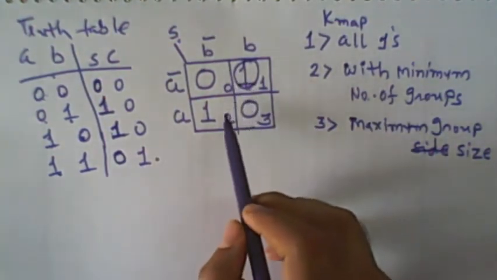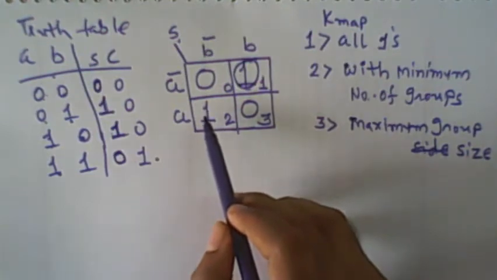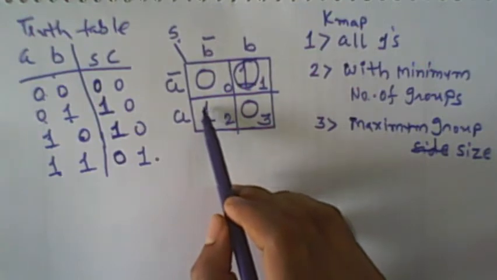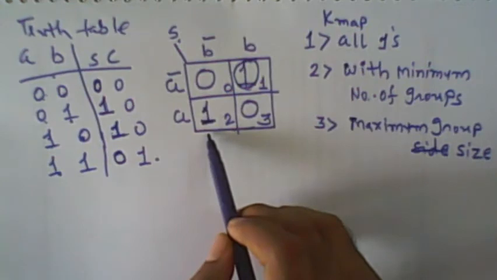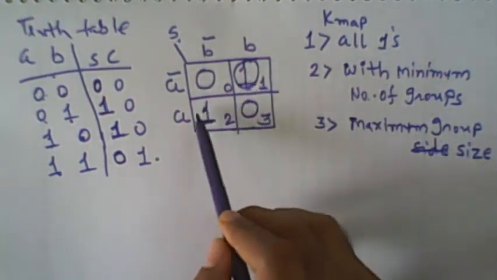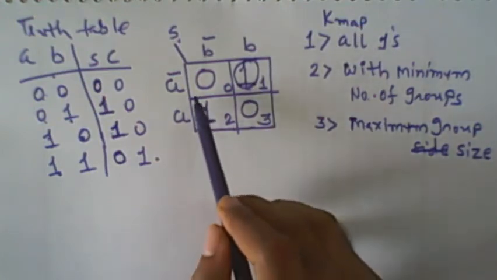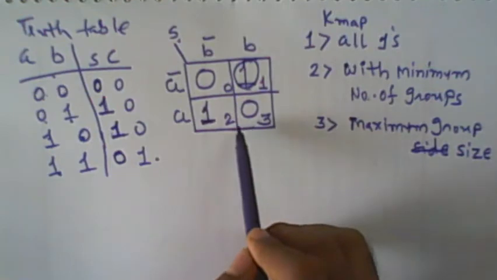Once we complete this process, we have to do the same process for the remaining ones in the Karnaugh map. The remaining one for this Karnaugh map is only minterm 2. Again we start: is a group of 4 possible for this one? No. Group of 2 is not possible, this is also not possible.